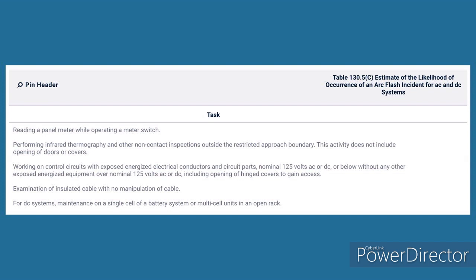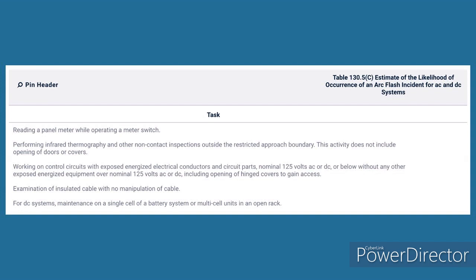What I always tell people is this: if you're just walking by the equipment, that's normal operating conditions. But where you start getting to worry about something is when you interact with something. And that's what this is.